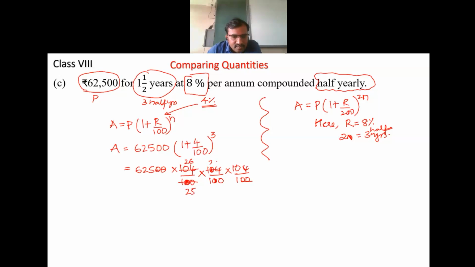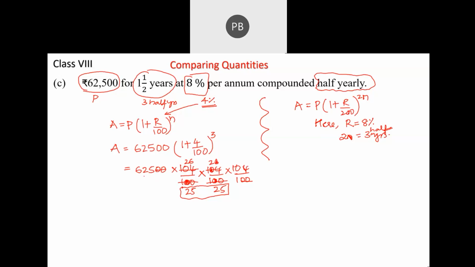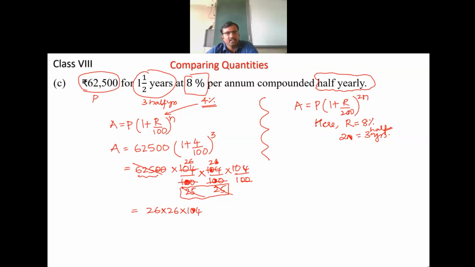So once again 26 by 25. Look at this, 25 into 25 is 625. So it gets cancelled. So the final result is 26 times 26 into 26 into 104. This should be multiplied. Now the division is gone. We are left with the multiplication.